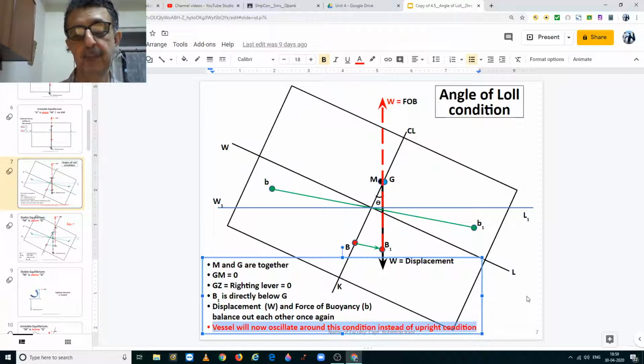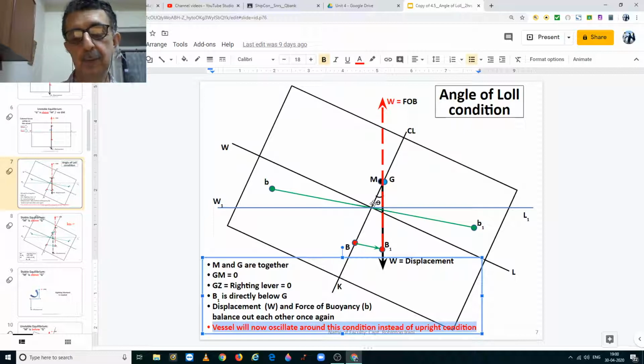What happens here is that the metacenter moves up and down, goes above G and below G, as we will see in the next few slides. If you remember in the earlier slide, we said the center of gravity was above the metacenter.